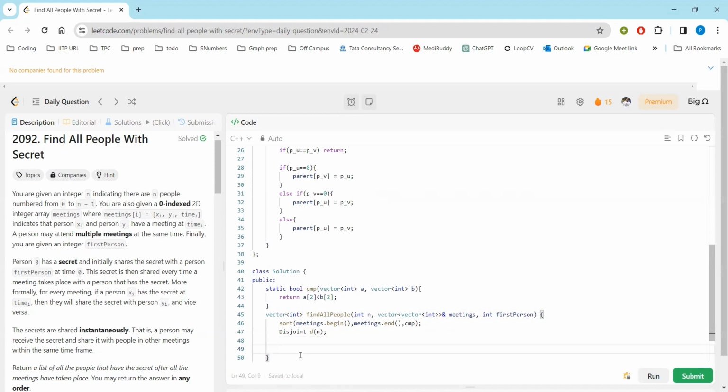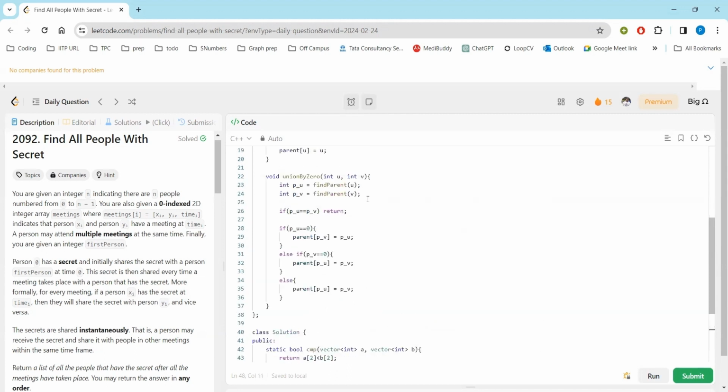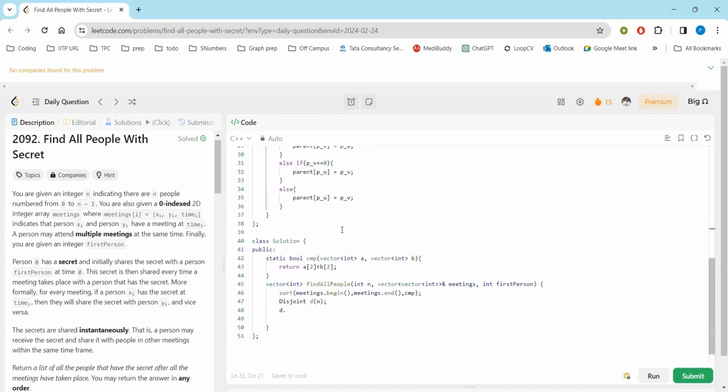Now, since 0 knows the meeting and 0 knows the secret and 0 passed the secret to the first person, we will do a union by 0 between 0 and the first person. Now, both 0 and the first person will be in the same group.